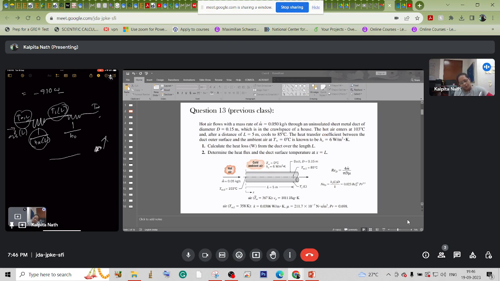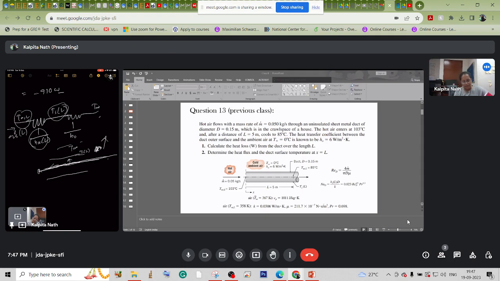If this is the pipe, this is the fluid, this is the central line, and this is the ambient, then the temperature changes from here.